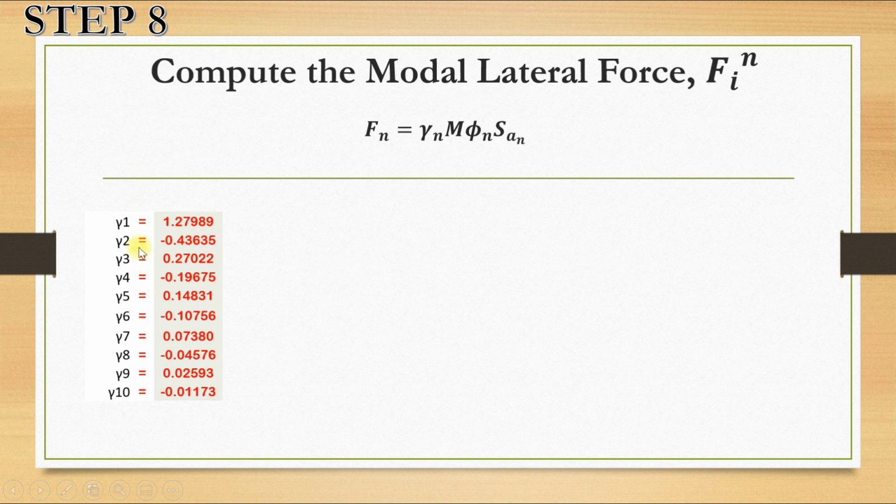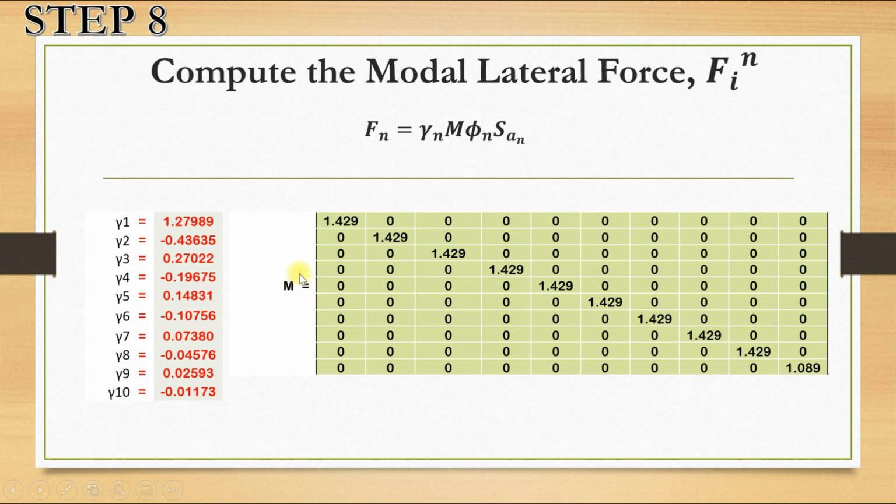So ito yung value ng gamma na na-compute natin. So for mode shape 1, yung gamma 1 ay equal to 1.27989 hanggang dito sa 10, which is equal to negative 0.01173.